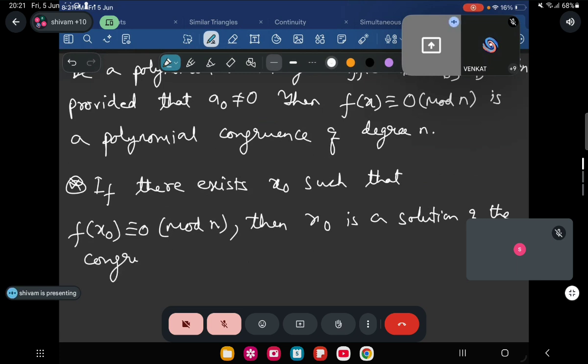Okay, everyone. Then we say that x0 is the solution of the congruence.